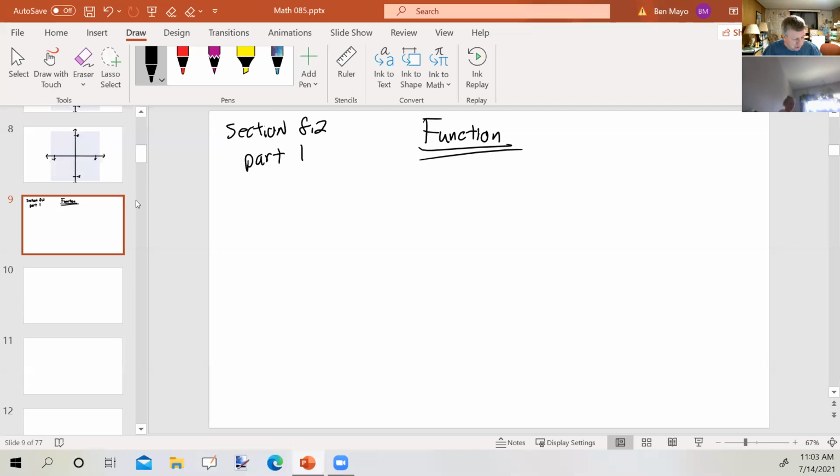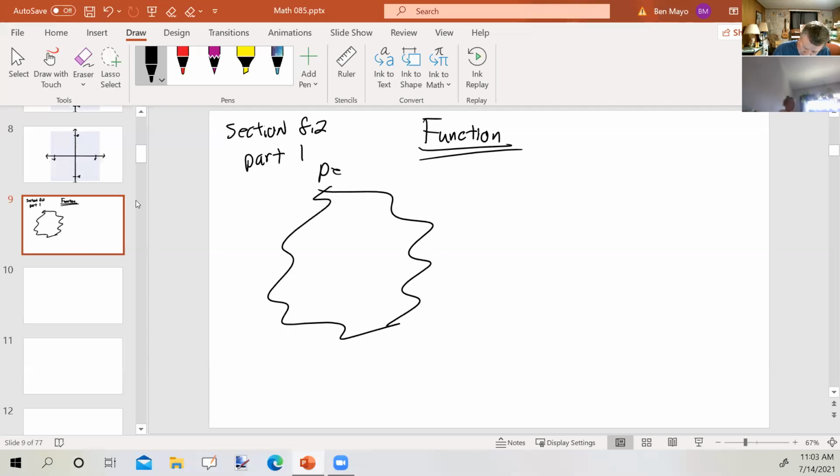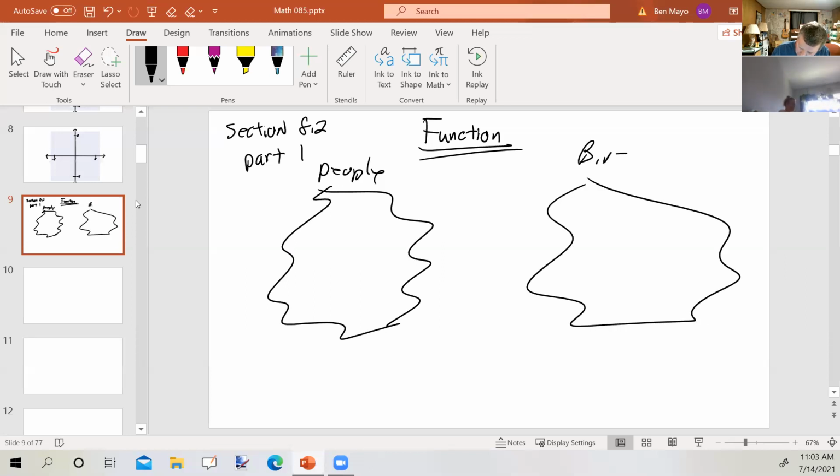I want to introduce the idea of people. So this is going to be people and birthdays. I recently surveyed several people and I found out the following information.